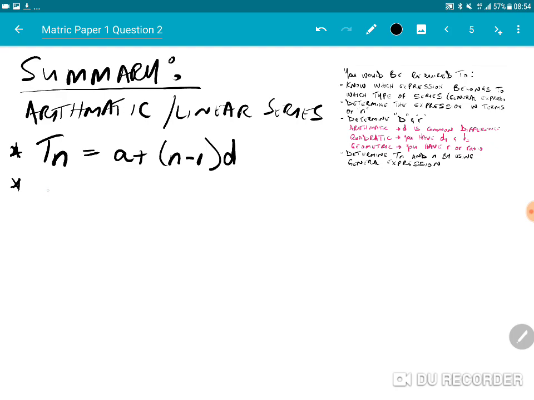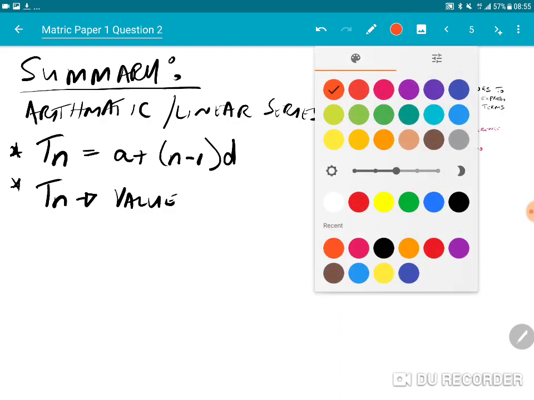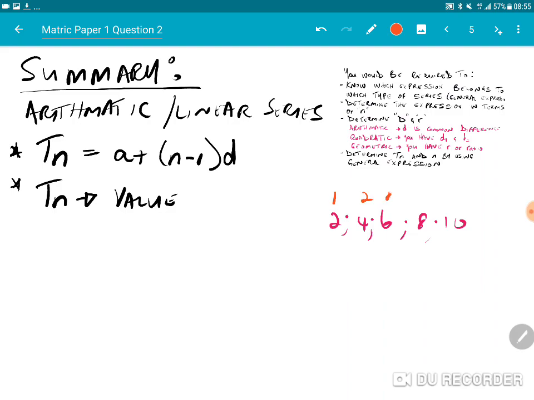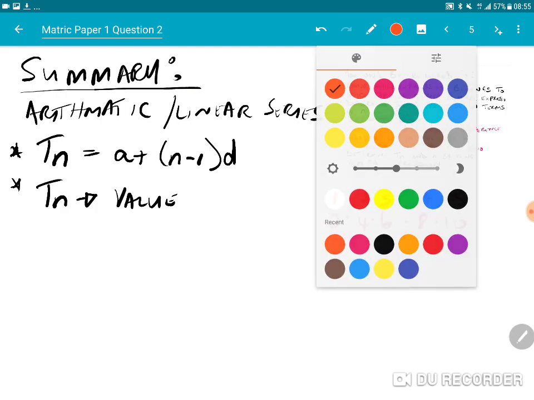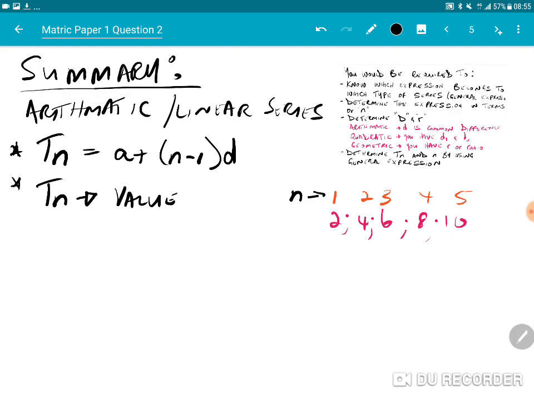Second thing is Tn is the value. So if we have 2, 4, 6, 8, 10, and we have 1, 2, 3, 4, 5, that would be N, and that would be Tn.